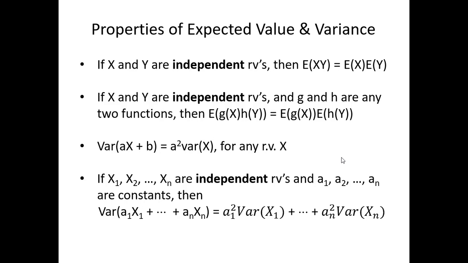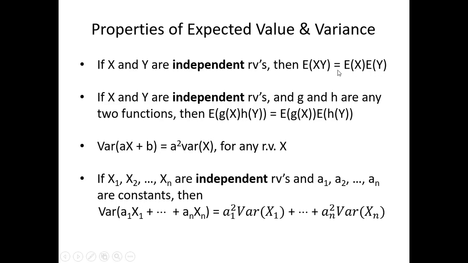Okay, what can we say about variance and some of the related expectations that we need? Well, if we have two random variables, x and y, and if they're independent, then we could say the expectation of the product is the product of the expectations.